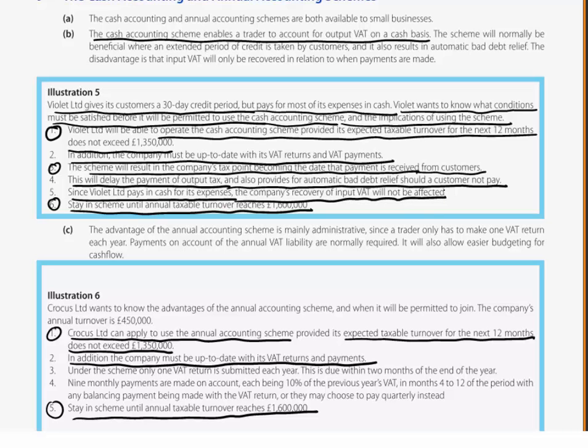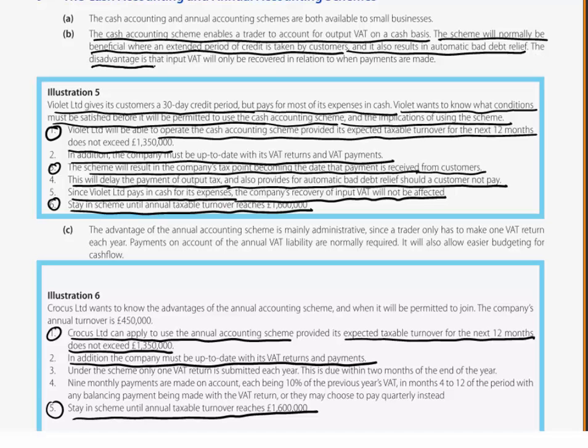Again, in terms of what this scheme does, the scheme will normally be beneficial where an extended period of credit is taken by customers. It also results in, let's hope it's not a particular problem in terms of our sales, automatic bad debt relief.